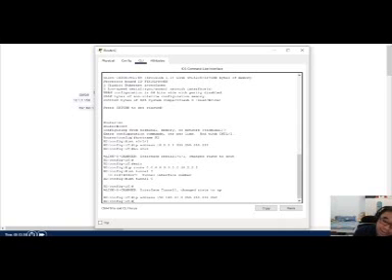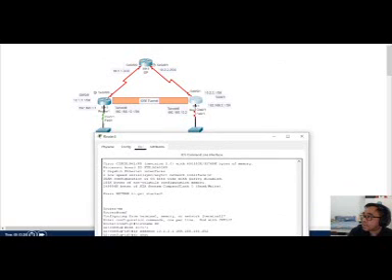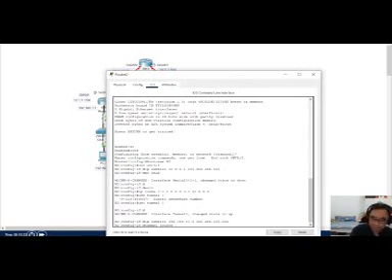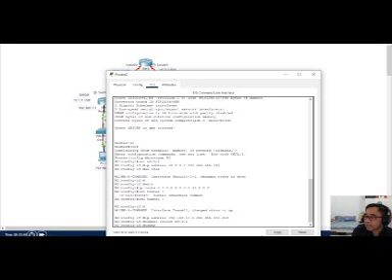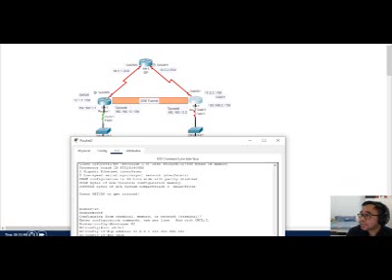Let's set the tunnel source. So the tunnel source is this one, S0/0/1. Okay, that's the tunnel source, and the tunnel destination is this, 10.1.1.1.